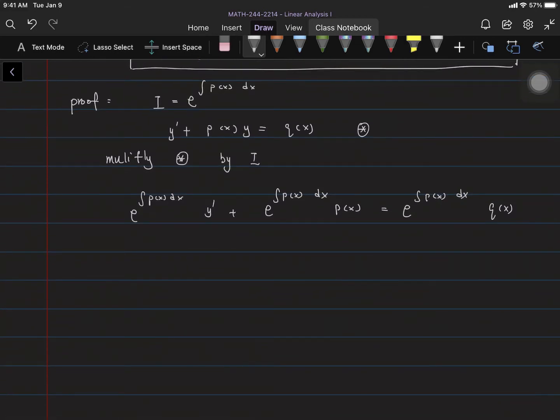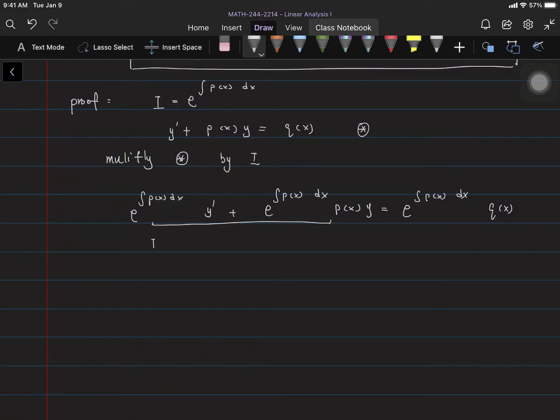And now we look at the left side of the equation. Let's think about the product rule. We still have y here.